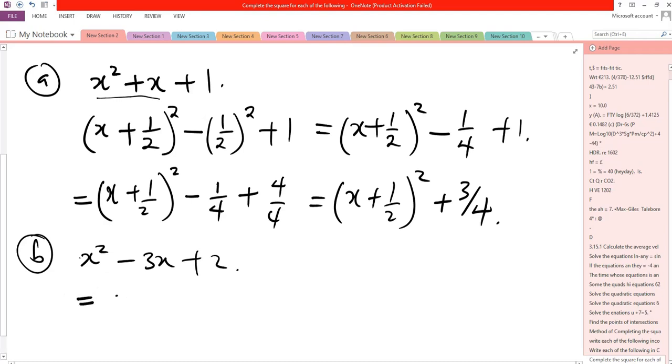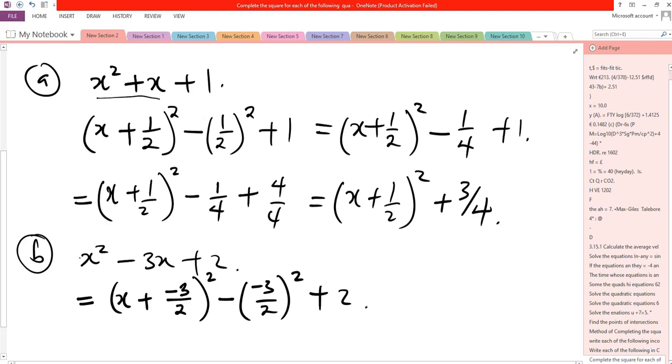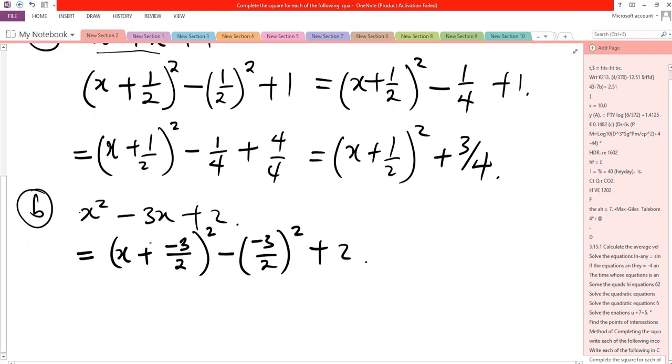We say this is equal to x, plus half of the coefficient of x, which is minus 3, so minus 3 divided by 2, all squared, then minus minus 3 over 2 squared, plus 2. So we have expressed this as a complete square.